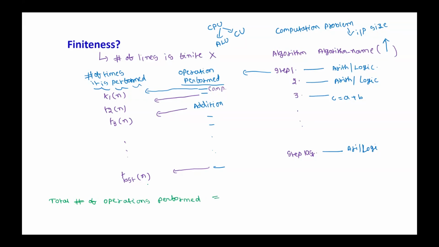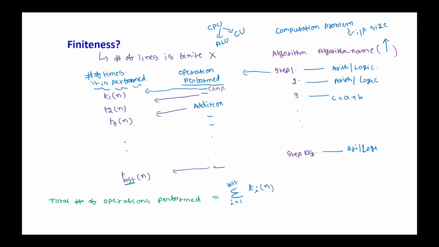The total is the number of operations performed in step 1, plus in step 2, and so on, up to the last step. We can write this as the sum over i equals 1 to last of Ti of n, where 1 means step 1 and last means the last step.